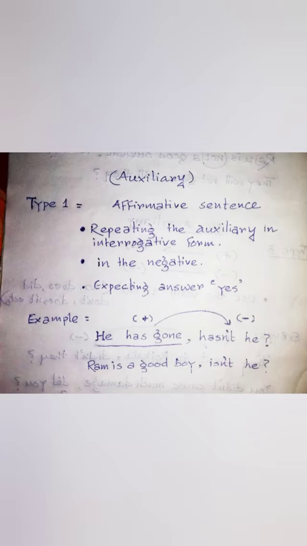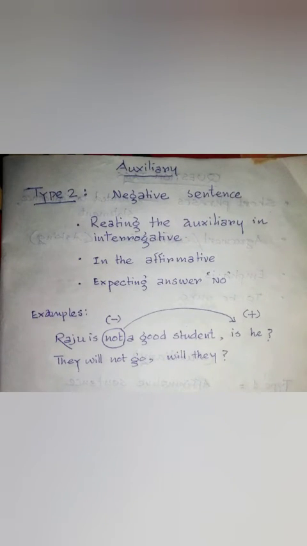Then again we will see the auxiliary verb used, but the sentence will be different. That is type 2 that we will discuss. In type 2, as you see on the screen, the sentence has an auxiliary, that means we will see the use of an auxiliary verb, but the statement will be negative.